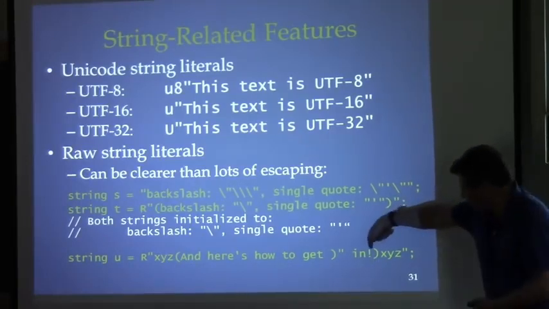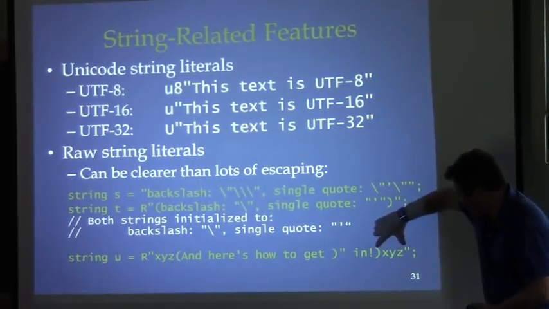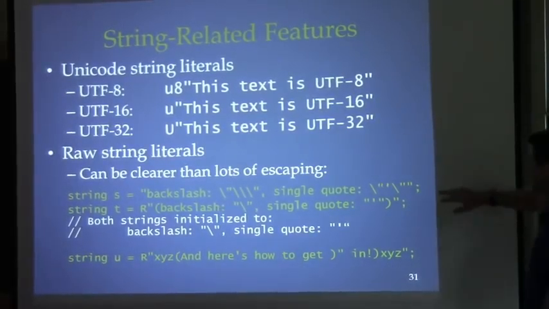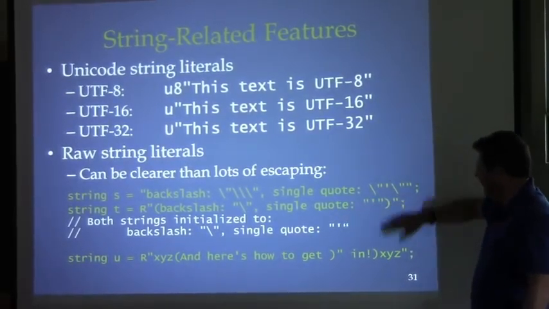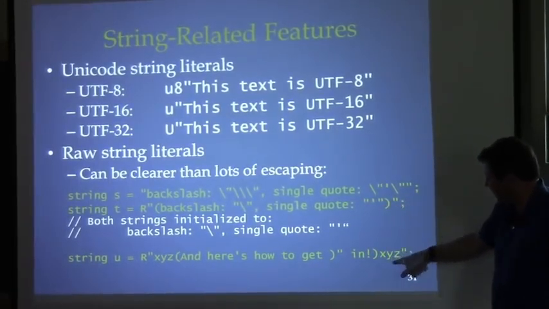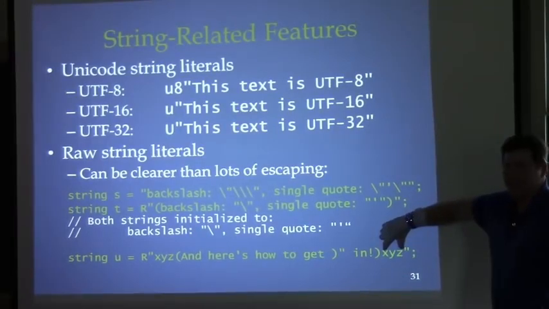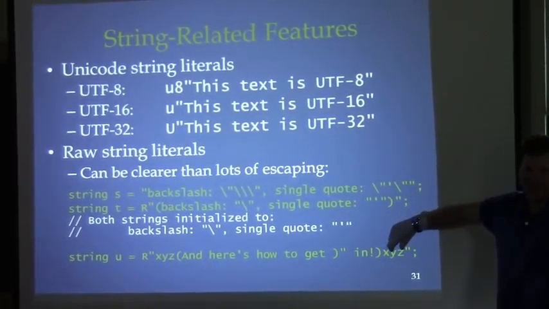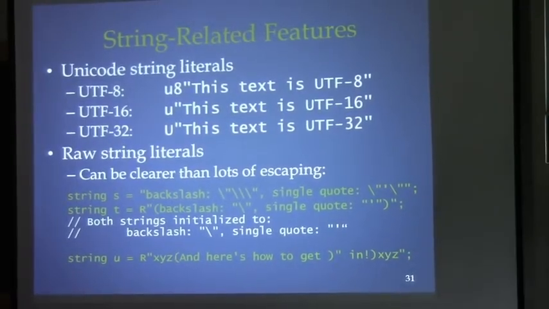So it actually ends with the exclamation point. This delimits the end. So, most of the time, all you need is this simple version. But if you have this exact sequence in there, you have to move to this. And I believe you can have, like, 14 characters here or something. If you can't come up with one that works, I'd like to see the application.